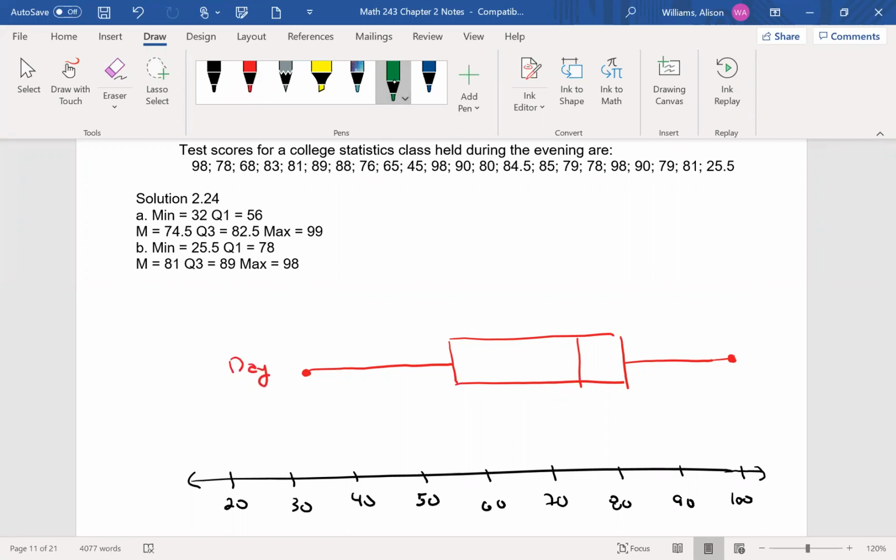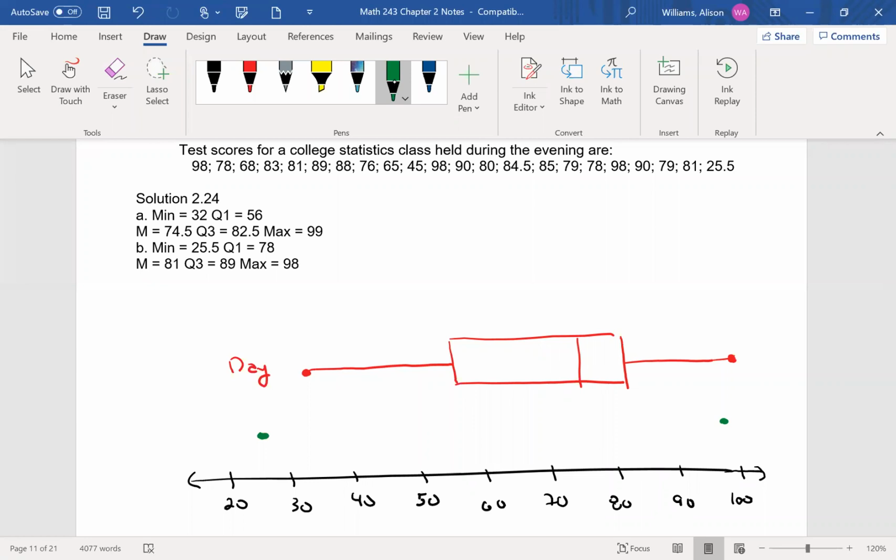All right, so for the night class, I'm going to use green and I'm going to plot it just right below. So the first data value, 25.5, would be around in here. The maximum, 98, would be just a little bit to the left. The 78 is Q1.